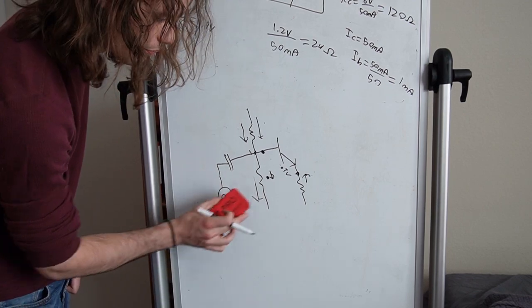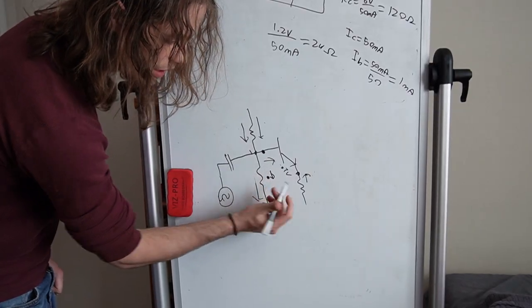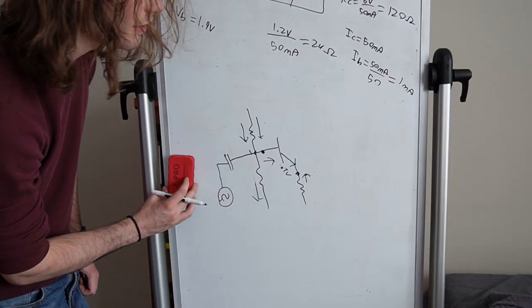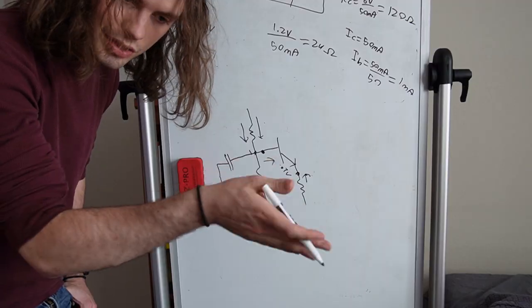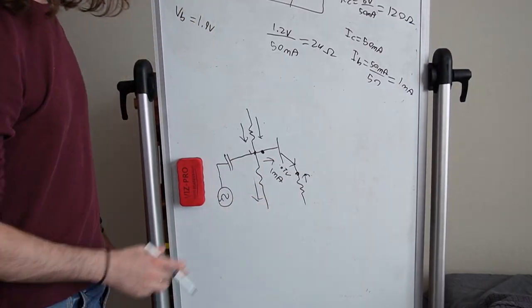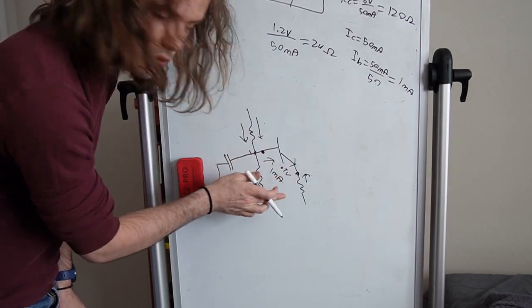So because of what I just described, you will have a limited base current, and it's going to be relatively small. Actually, it's going to be exactly what we described earlier: IC divided by the current gain, which is, in our case, around 1 milliamp. So we know that some current will fluctuate through this system here with 1 milliamp.